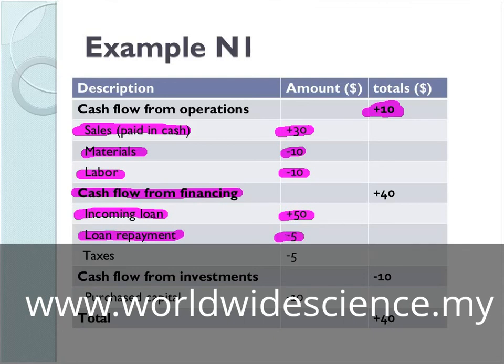The cash goes out, minus 5, goes out from the accounts, right? And we pay taxes, minus 5. The cash goes out. And the total cash flow from finance would be positive 40, right? 50 minus 5 and minus 5, right?